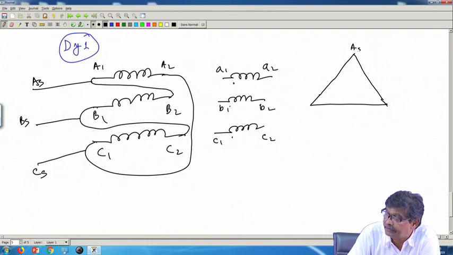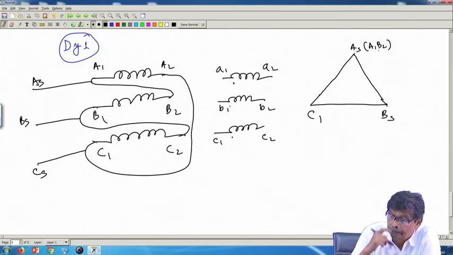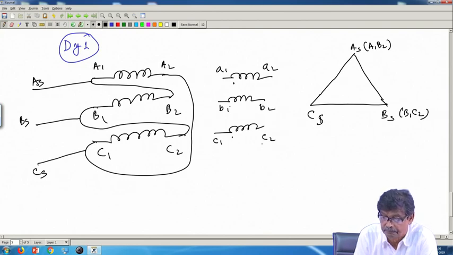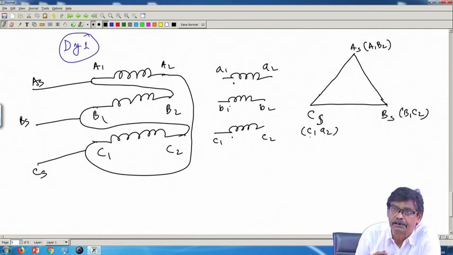So, I will write AS, draw this triangle, 60 degree equilateral triangle, CS, and then say that AS is nothing but A1, B2 etcetera, A1, B2, and BS is B1, C2, and CS, this is CS, CS is C1, A2. And suppose secondary I have not connected, that is what I am telling.